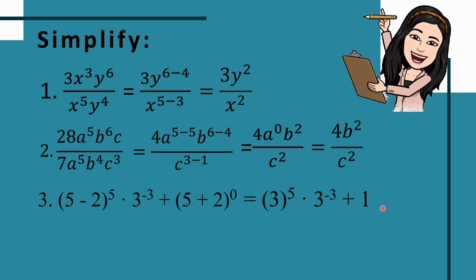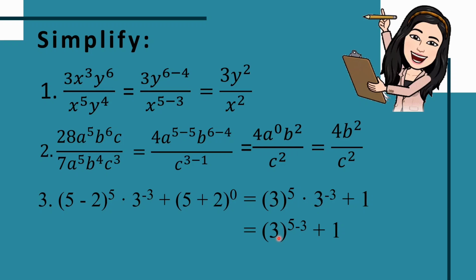Next, since parehas ang bases natin, since multiplication to, parehas ang base, 3 at saka 3. So, we can apply here the law of exponent, yung product rule. So, copy the same bases, and then add the exponent.